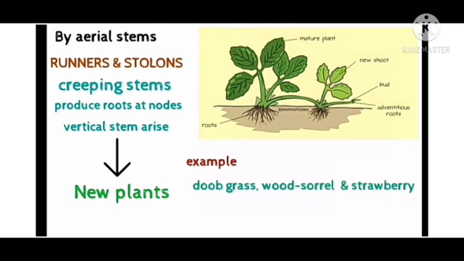Next is vegetative propagation by aerial stems. In strawberry, long stems grow over the soil surface and are called runners or stolons. They have creeping stems which produce roots at nodes, and vertical stems arise into new plants. Examples: doob grass, wood sorrel and strawberry.